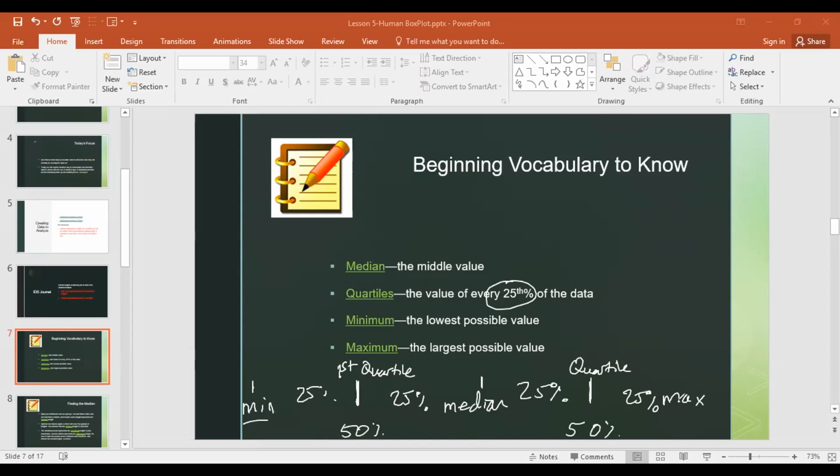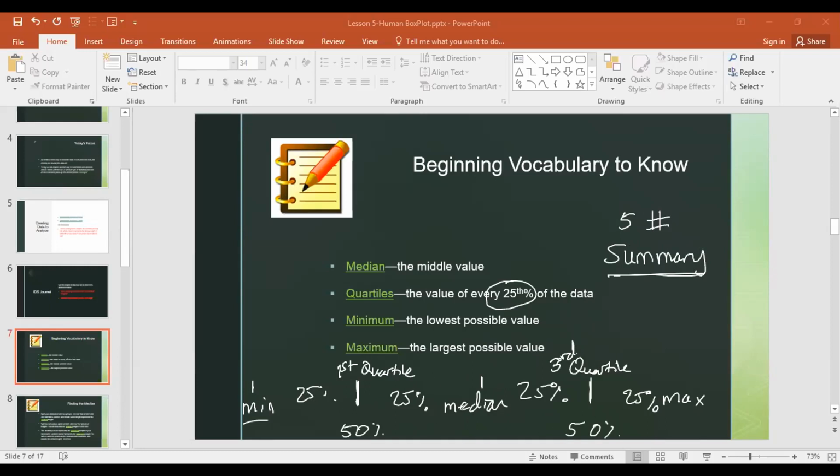Okay. So what we're going to do now is break our data into 25% increments to get something called a five-number summary. The five-number summary is your minimum, your maximum, your median, your first quartile, and your third quartile.